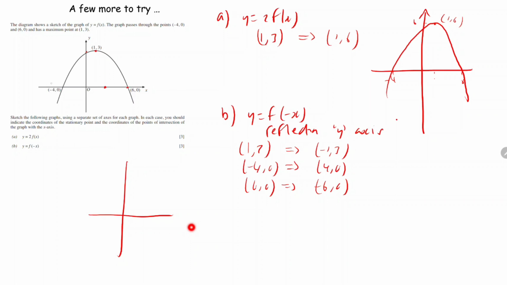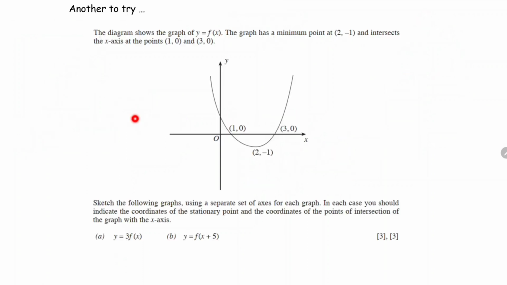This point is going to come over to -6, and this maximum point is going to be here. So it'll look something like that. You need to mark off the point intersection. So this will be (4, 0), and this will be (-6, 0).